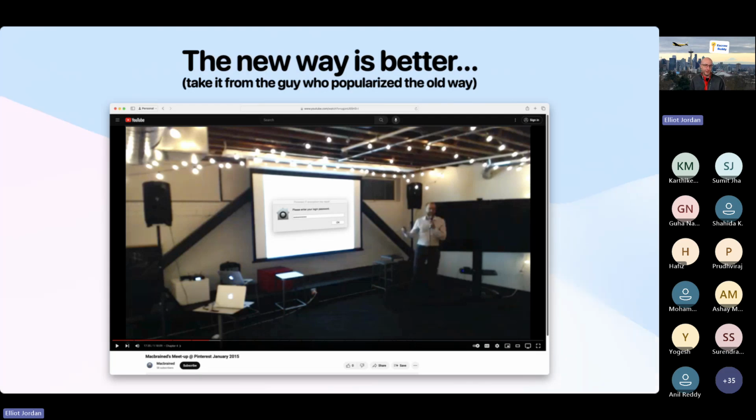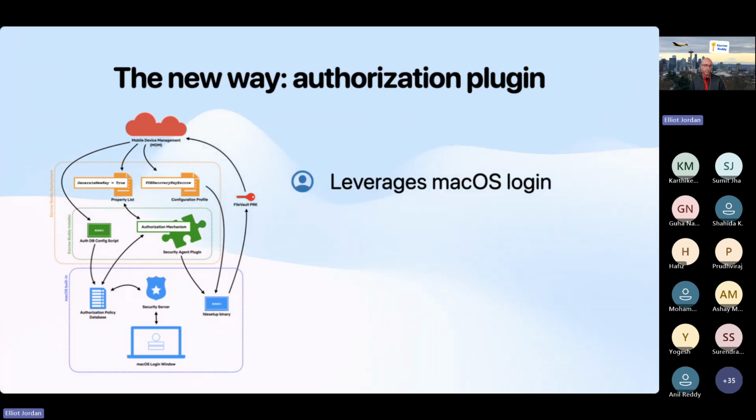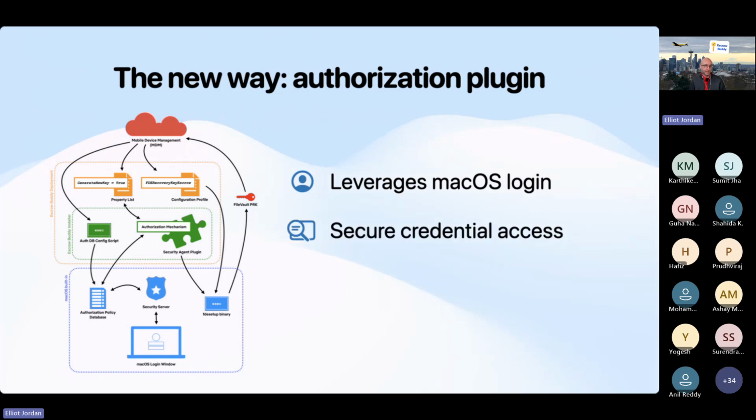So what is this new great way? The new way is an authorization plugin. These plugins are used by the macOS login window to make decisions and provide automation around the login process. A huge benefit of authorization plugins is that they can securely access the credentials being used to log in and piggyback on that process to use those credentials elsewhere.